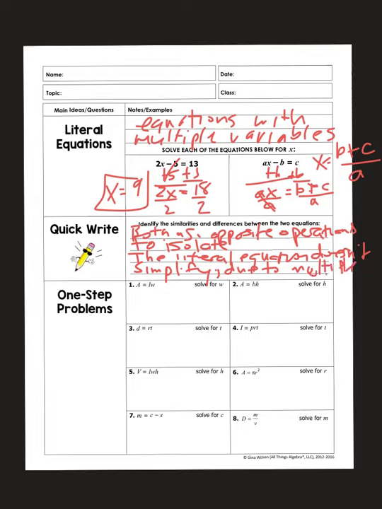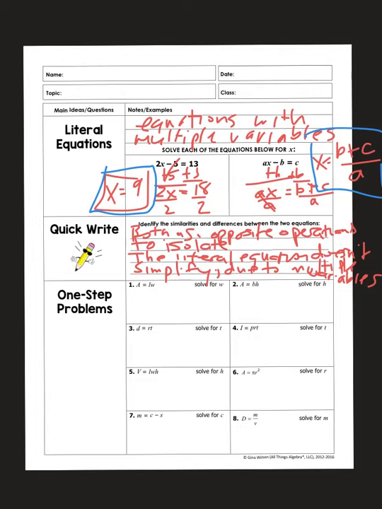So the literal equation doesn't simplify nicely like the other one that we get this nice clean answer on, right? X equals 9. Instead, we get this other thing, but it's the same. Okay. Let's work a few more.